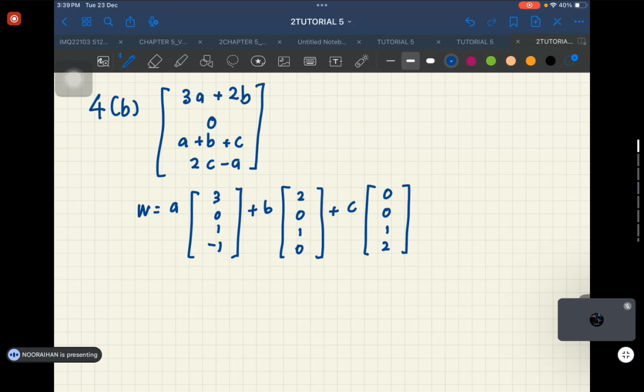Did you get the same spanning set as me? Each parameter gives one vector.